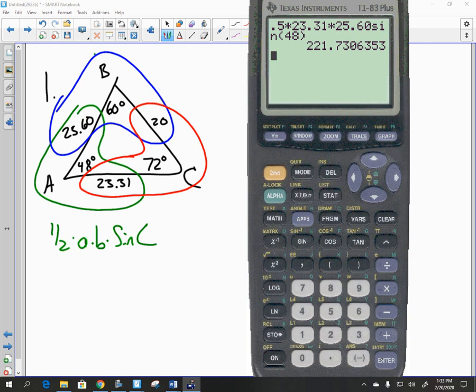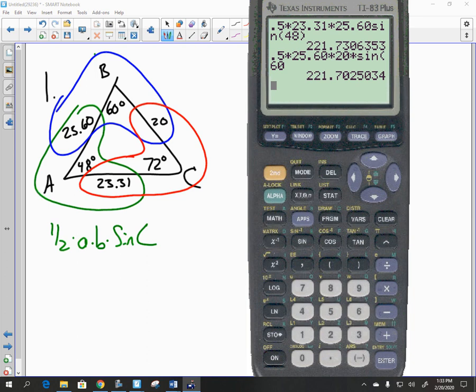If we check out the red, were you guys red or blue? Blue. If we do 0.5 times 25.60 times 20 times the sine of 60, again, you get 221 point, here we get 70, so we're off by just a little bit.